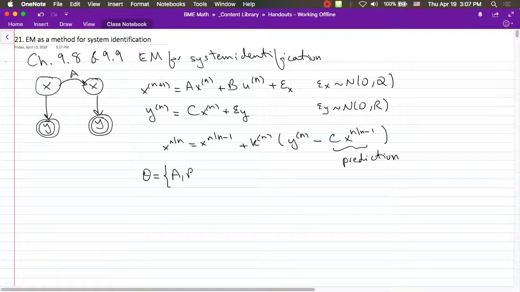Well, it's the matrix A, matrix B, matrix C, variance Q, variance R, and our initial state X0,0 and our initial uncertainty P, the variance of x at that initial state. Okay, so those are the parameters.